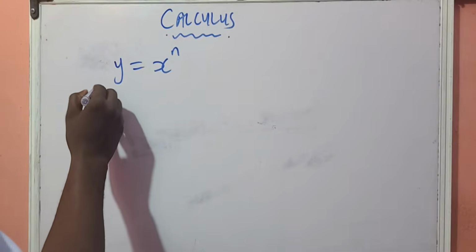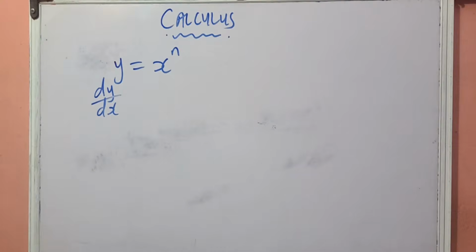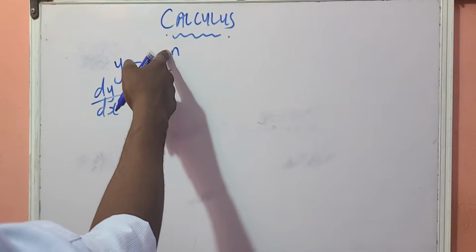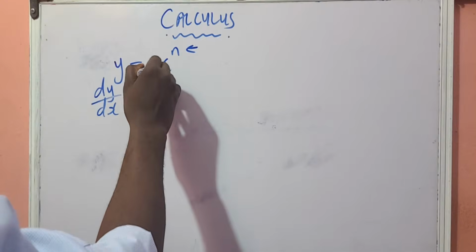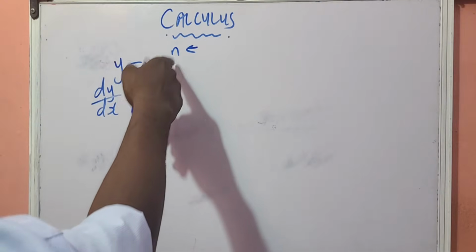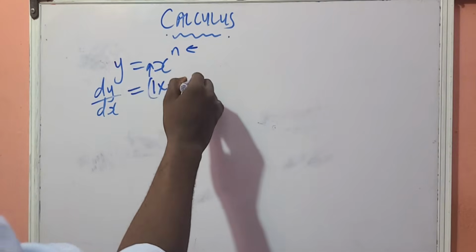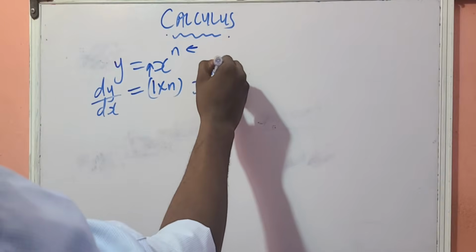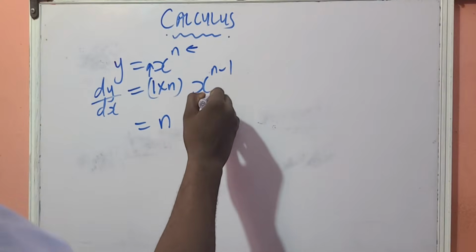If you are told to find dy over dx, which is what we say is differentiation, this is the general principle: you multiply the power here by the coefficient here. For this general y equals x to the n, the coefficient is 1, so that will be 1 times n, and then you have x raised to the power, you subtract 1 from the power. So that's n minus 1. So generally, when differentiating x raised to power n, we have nx raised to power n minus 1.